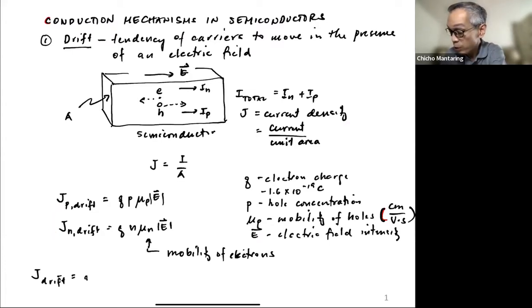So this is going to be q, because q is common for both. And then you have p mu_p plus n mu_n, multiplied by the magnitude of your electric field intensity. And this is now what we call our conductivity.